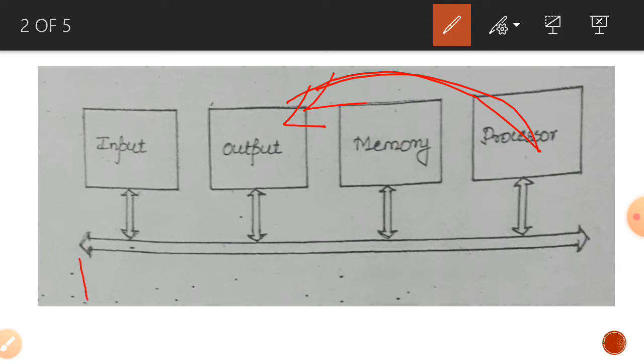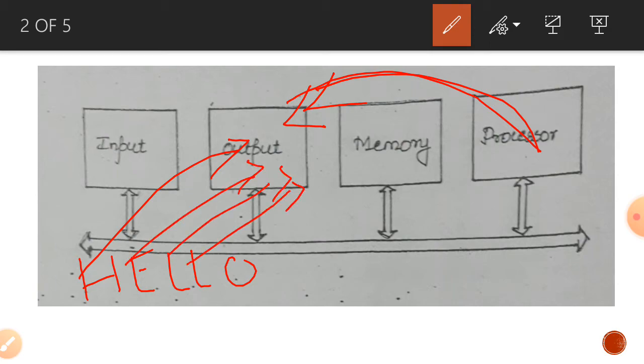For example, to display the message Hello, the processor sends H first, then after completion of printing H, it sends E, L, L, O. It first sends one character, and after that the next character.